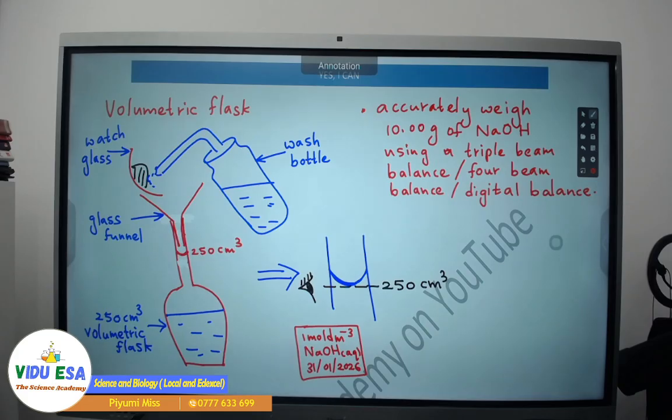So this may be slightly different from the steps that we wrote, but just get an idea about the method. So this is the digital balance, right?